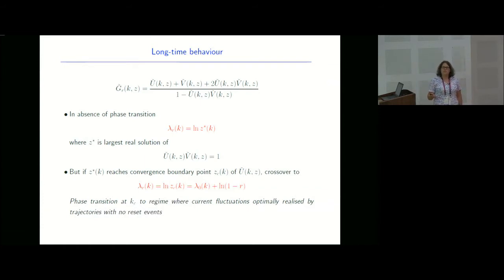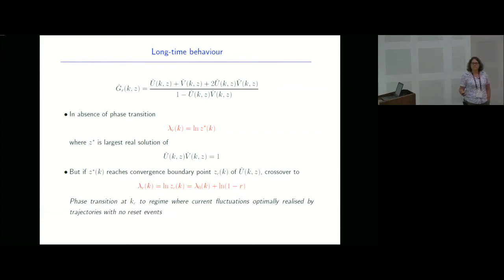But if this value Z star of k reaches the convergence point of u tilde, you get a phase transition. You can show that the convergence of v tilde doesn't play a role here. But it can happen that for a particular value of k, it reaches the boundary of convergence of u tilde, and then you have a crossover to a scaled cumulant generating function given by the log of the boundary convergence point here.